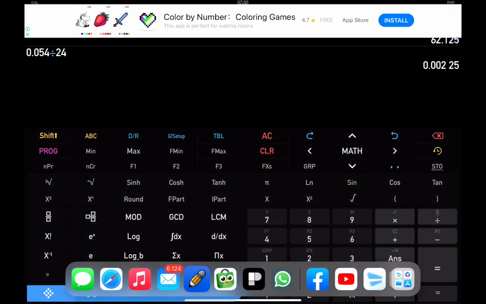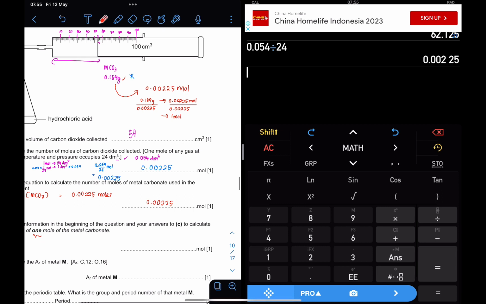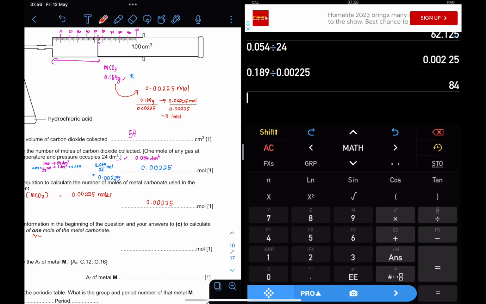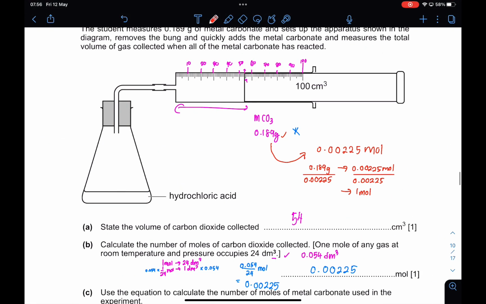That value we can calculate, which is 0.189 divided by 0.00225. That's going to give us the answer of 84.